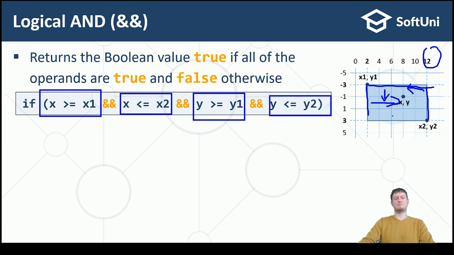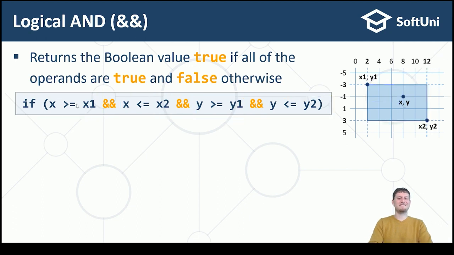If all of them are true at the same time, this means that it's inside. So this is a very good example of how to use AND, logical AND.